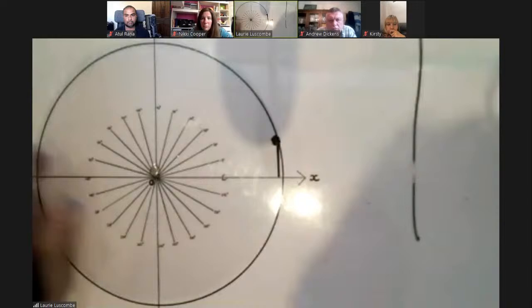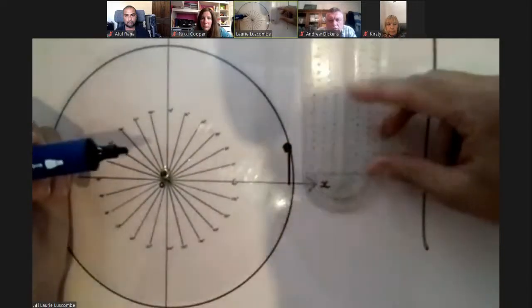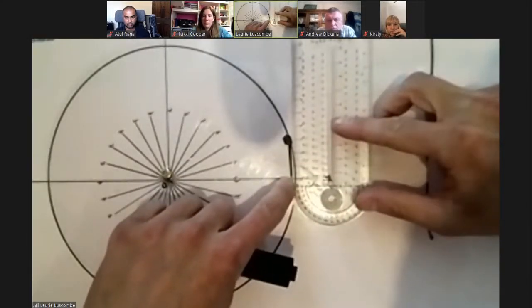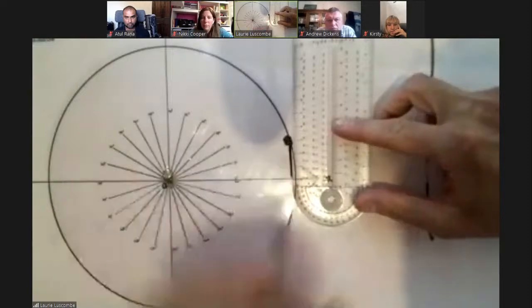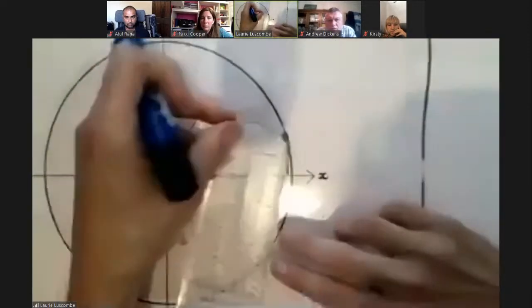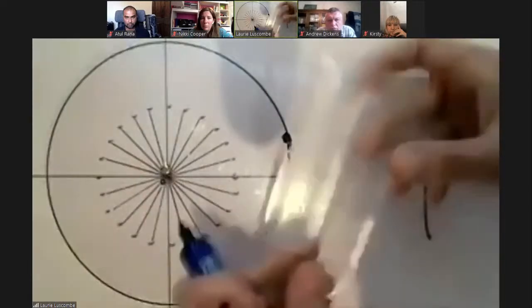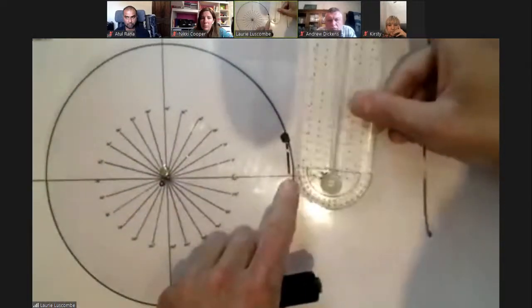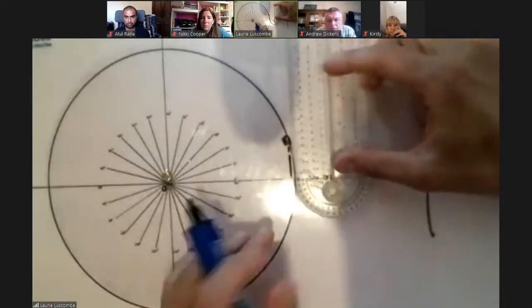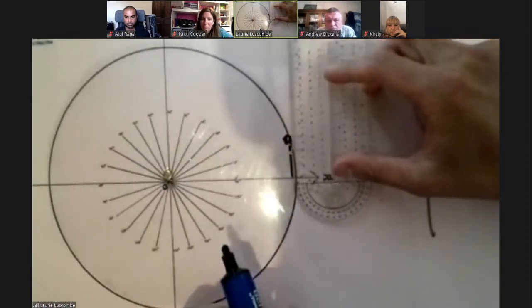I've not got a traditional ruler here because this is my little gadget and gizmo for drawing circles, but we're picky in the sense that we suggest they should start with the 0 this way, or at least when we model it, with the scale on the ruler going upwards, because it's very easy just to measure it the other way around. But of course the y-axis starts at 0 here and goes positively up that way, so it's just a subtle thing that helps to ensure a little bit more consistency.